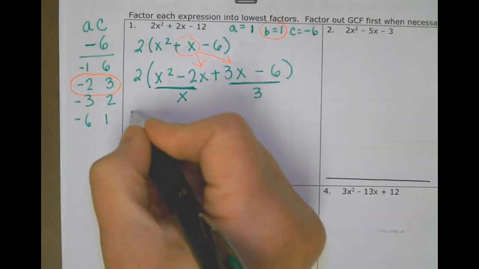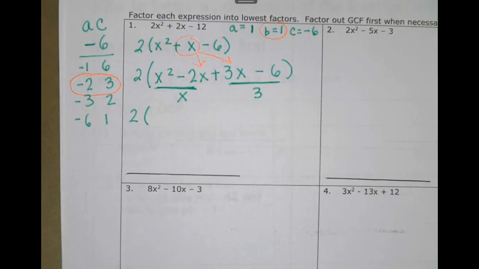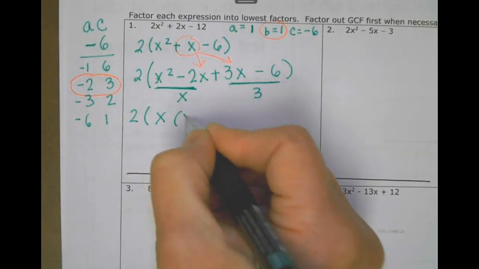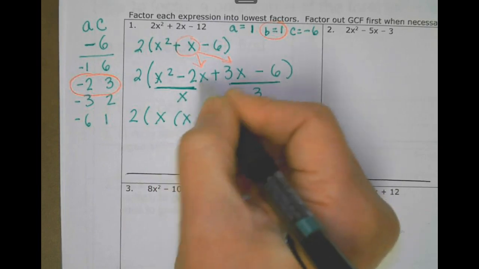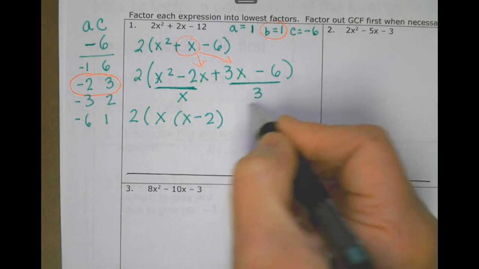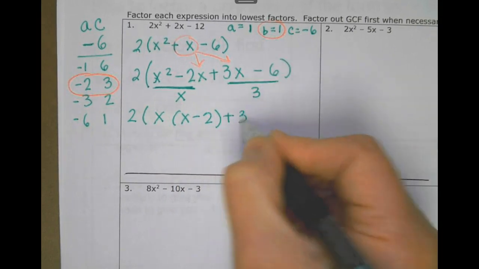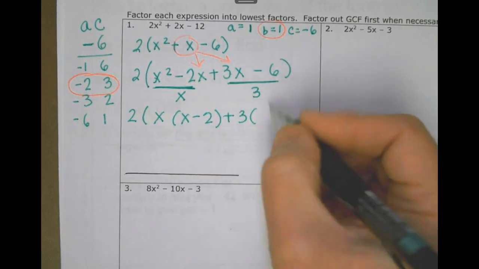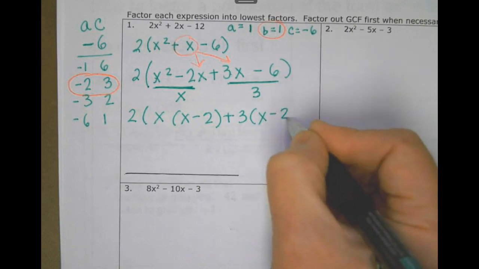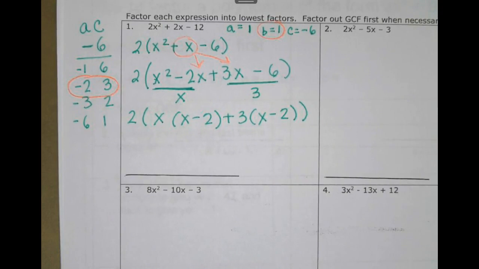And once again, the 2 is just hanging around in front. If I divide out an x, the x's cancel and I have a minus 2. Bring the 3 out in front. The 3's cancel, leaving an x. 6 divided by 3 is negative 2.